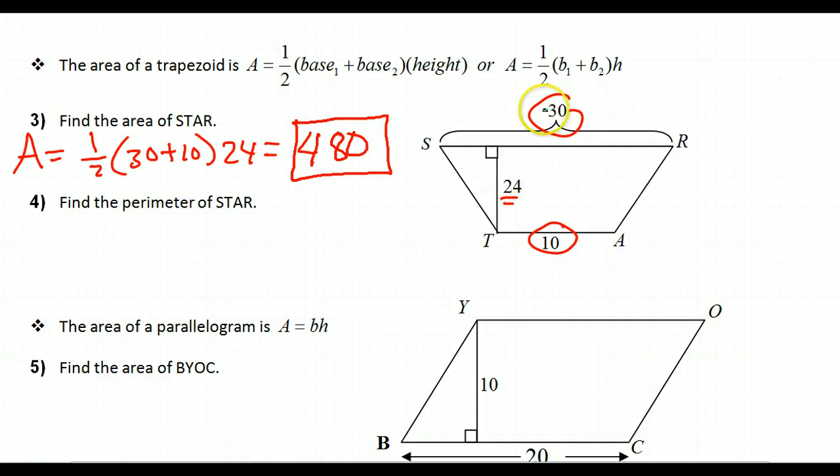Now the perimeter. We have to do a little bit more work to find the perimeter. Of course, the perimeter is the sum of all the sides around the outside. We know two sides, so we need to figure out the legs. I forgot to tell you, but this is an isosceles trapezoid.